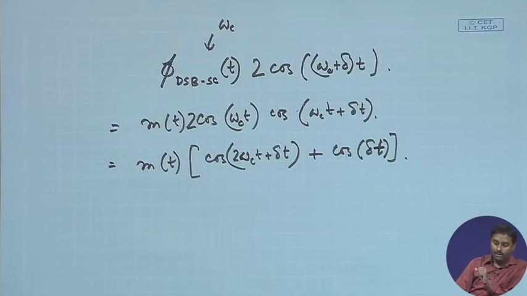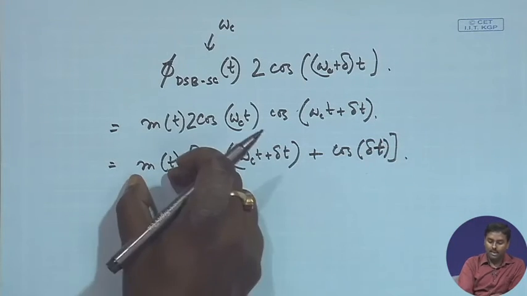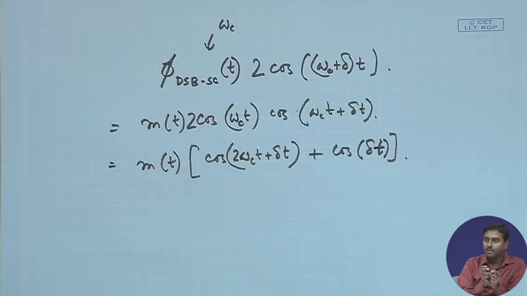Now what will happen is there is a frequency term at m(t) modulated by some very small frequency drift, because whenever I am tracking the carrier I will not have a huge drift, I will have a small drift. So there will be a little bit of shift in the frequency.